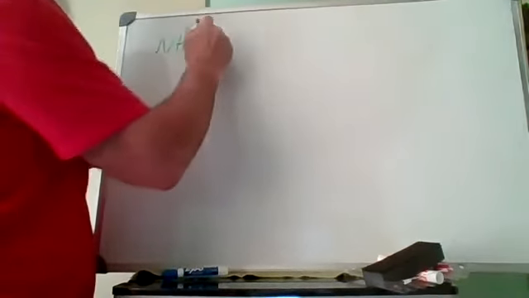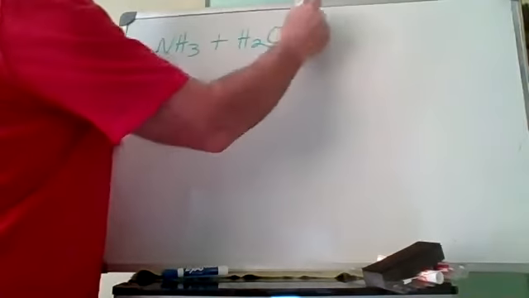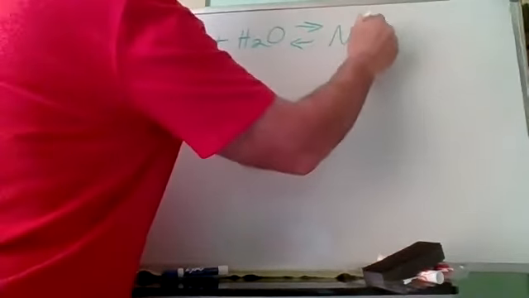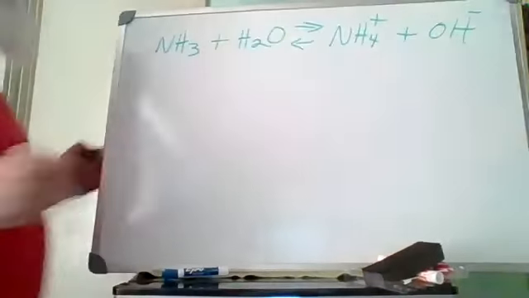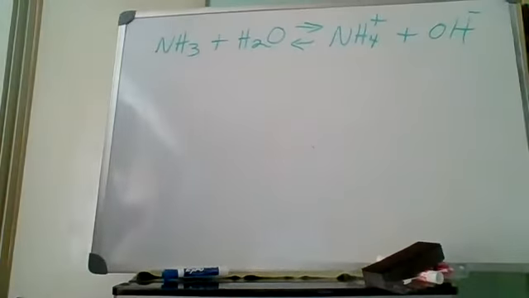Well, we'll use the one in the book there. So ammonia plus water, ammonia is a weak base, gives us NH4 plus plus hydroxide ion. So NH3 is a Bronsted-Lowry base.